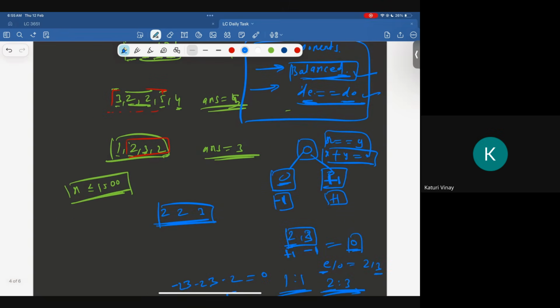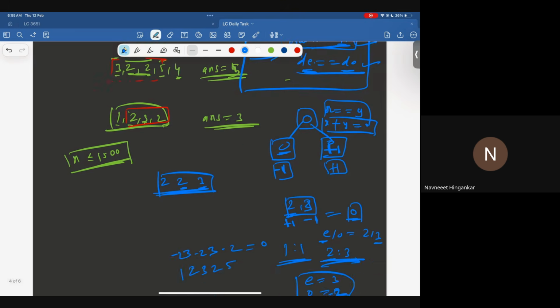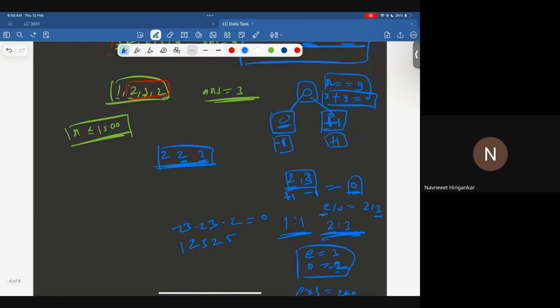Cool. So for 2, 2, 3, I need to represent the same thing that we did here. Like I did +1 for even, -1 for odd, right? All I need to do is the same thing, but make sure that I'm counting only once for that set. So I will try either the first occurrence or the last occurrence, depending on how we are moving the pointer.